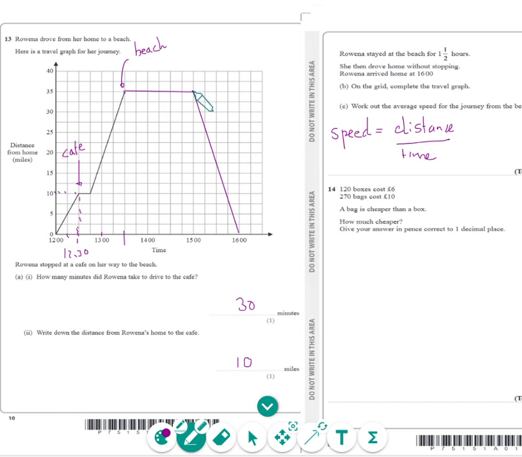The distance that she travelled, so she was 35 miles away from home, so that's going to be 35, and it's just divided by 1 hour. So that's quite an easy calculation there. We've got 35 miles per hour.